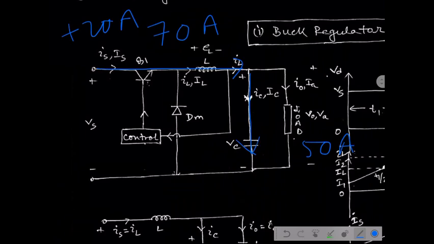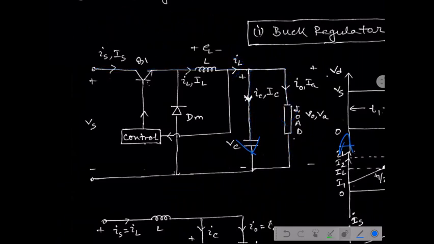And the remaining, 70 minus 20, which is 50 ampere, is delivered to the load. That is why the load current remains constant at 50 ampere. Right now the capacitor is storing energy in this mode of operation, and in the previous one, when the load current was delivered from the capacitor, the capacitor was in discharging mode.